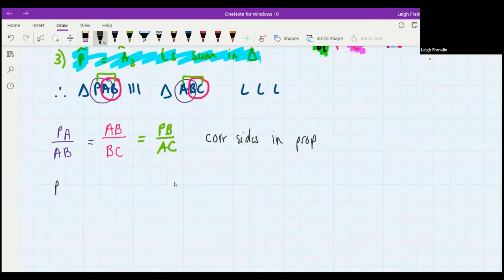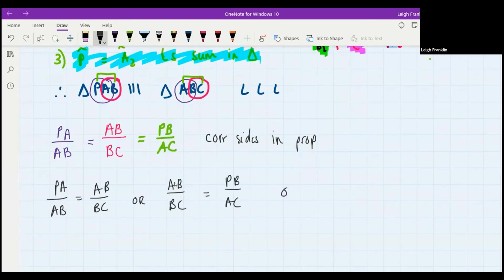Either we could say that PA over AB equals AB over BC. Or we could say that AB over BC equals PB over AC.